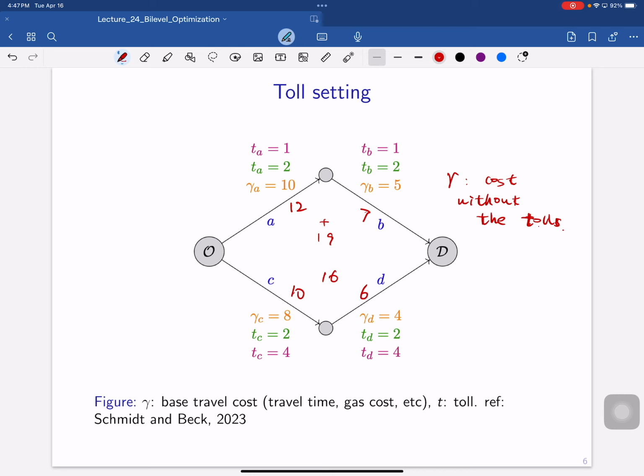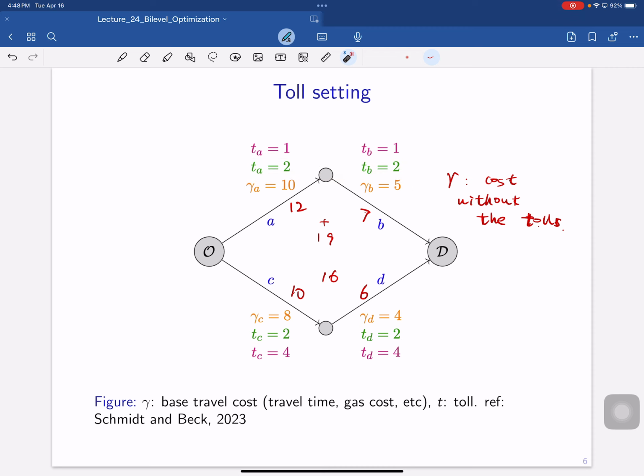If you are a traveler, whenever you go to a place, you will look at your Google Maps and see how much time it takes, plus the tolls. So you will always account for the base cost, which is the travel time, plus the toll you will pay to decide which route to take. Here, as you can see, the tolls for AB and CD are exactly the same.